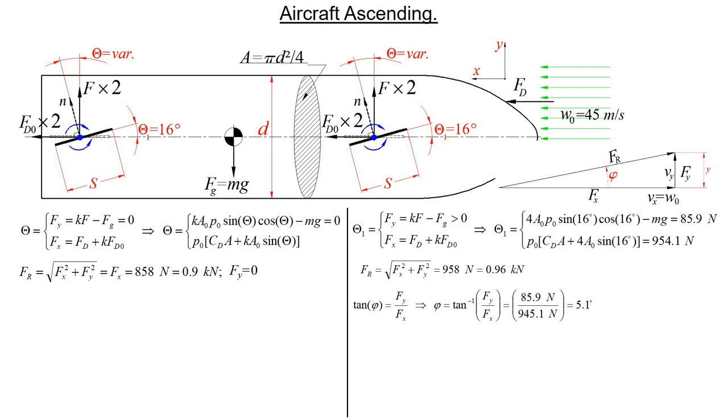Velocity of ascending in the y-axis direction is equal to, let's say after 1 minute, which is 60 seconds, the aircraft will climb 243 meters in altitude. The steady velocity is 45 meters per second in the x-axis direction.